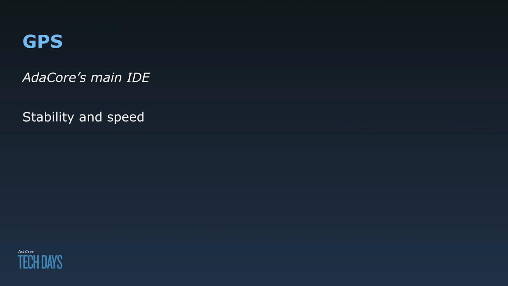The focus we've put in GPS for the past several years, but at least in more details for the past 2 years, is really on making sure that GPS is as stable as possible and runs smoothly and as fast as possible. We've got many complaints about GPS being not stable enough or GPS being too slow when handling some large projects, when handling some cases of cross-references, source navigations. We've heard the complaints and we've worked hard.